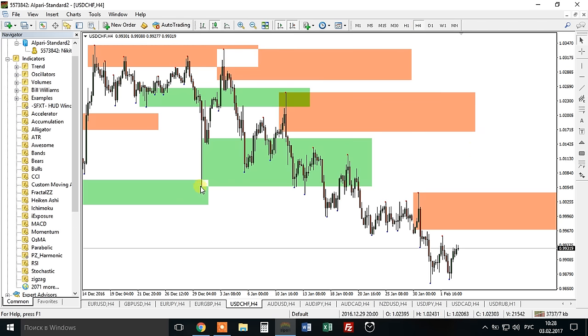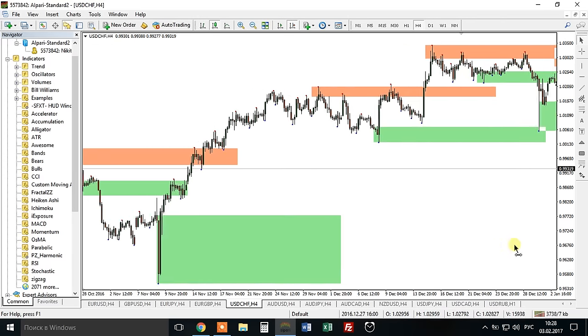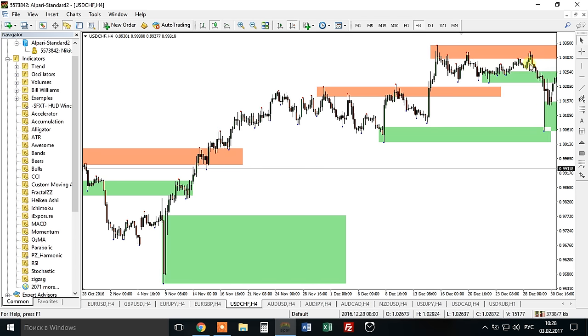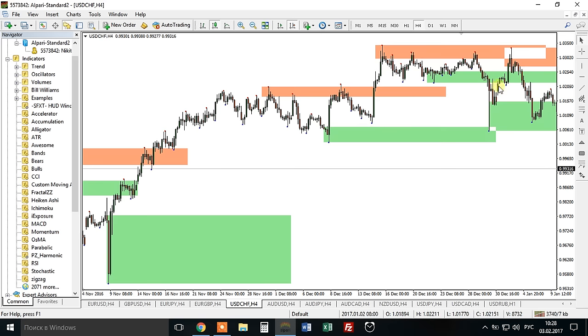For example, here we bounced from some previous support. The chart was this way, yes. We came back to the resistance zone and price began to consolidate. We first violated the support zone and then we reached the previous support zone and bounced off it. Where will the price most likely go?